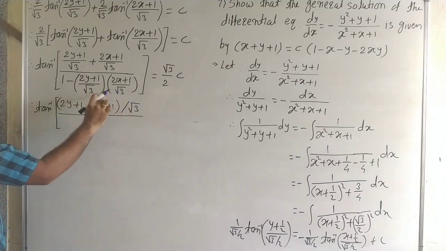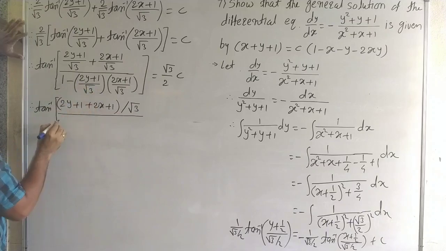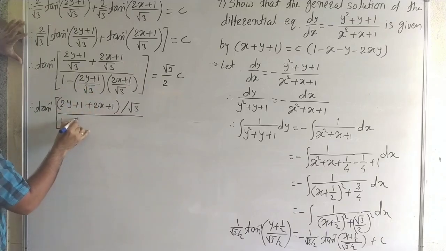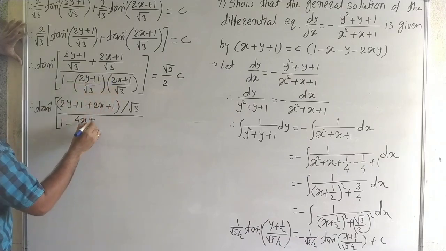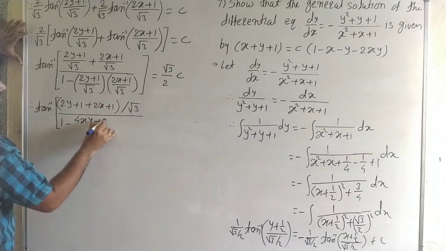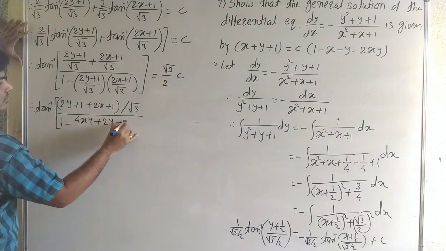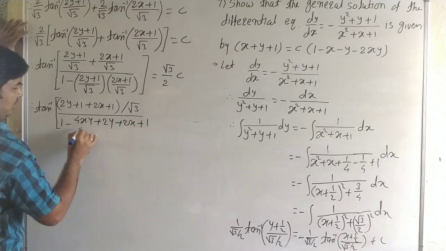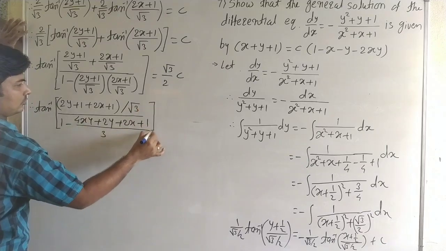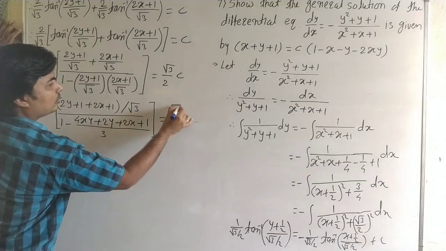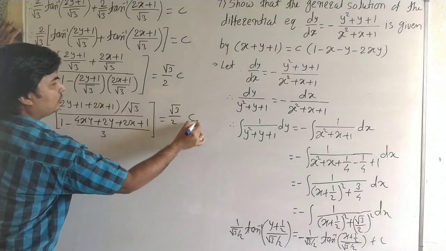Now here take the multiplication. Okay, first multiplication, it is 1 minus, it is 4xy, the multiplication of these two, 4xy plus 2y plus 2x and plus 1, and upon 3, is equal to under root 3 by 2 into c.